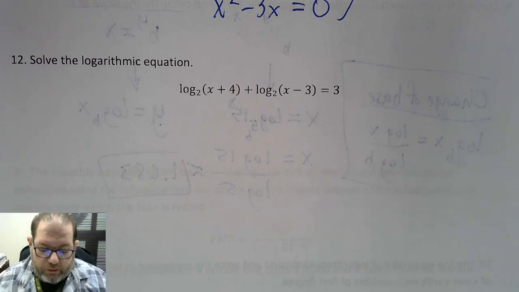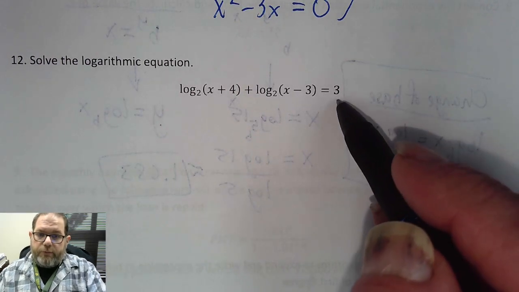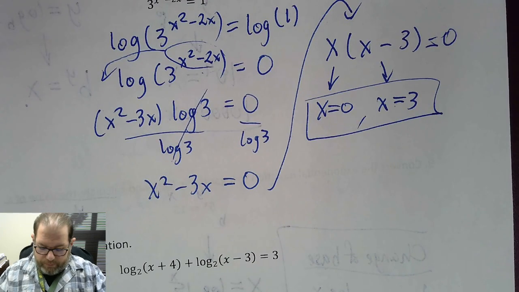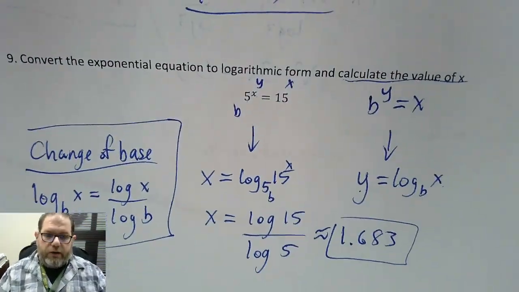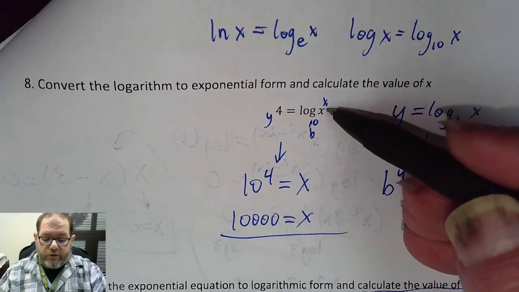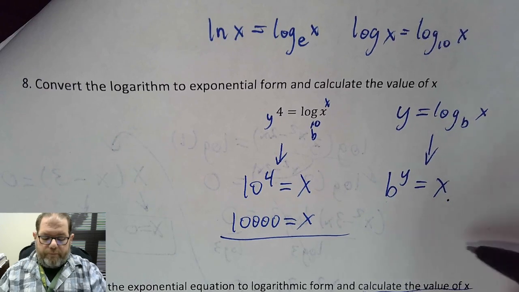Now, if we have a logarithm equal to a number, as we see here, then our process is basically like what we saw on the previous page on number 8, which is to take this logarithm and convert it to exponential form via the conversion formula.